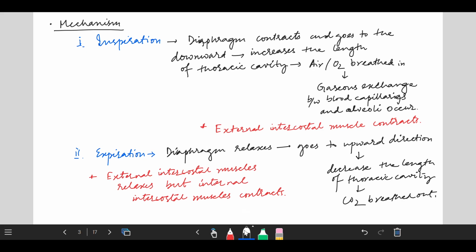So, inspiration is also known as inhalation and expiration is also known as exhalation. Clear to you? Now we will understand through a diagram. First, we will draw.